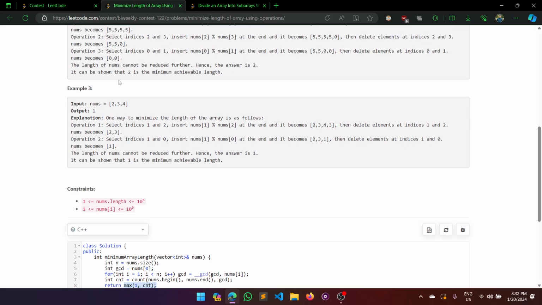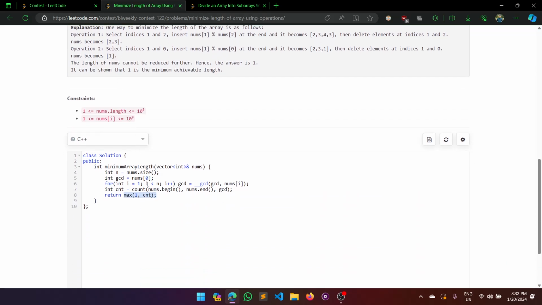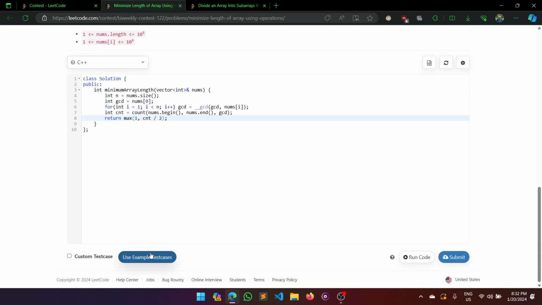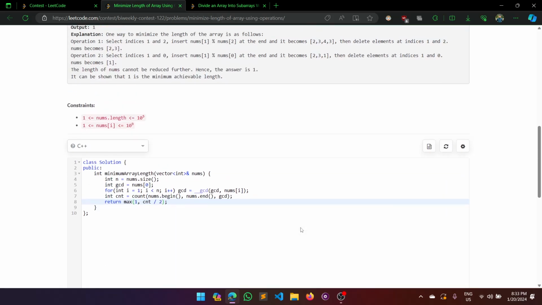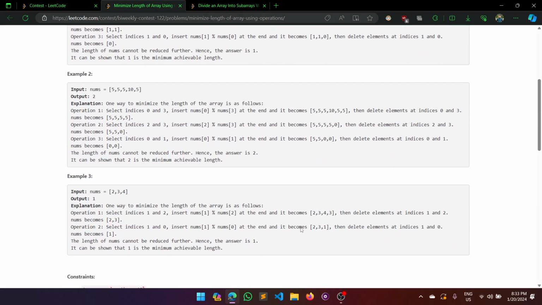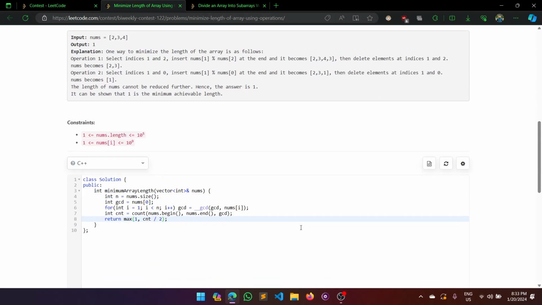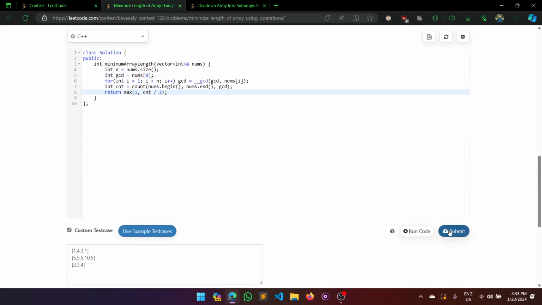What if there were like 2 ones? Then I'd be left with 1. This will definitely work because my solution is based on the observation that I got from here. Let's see.